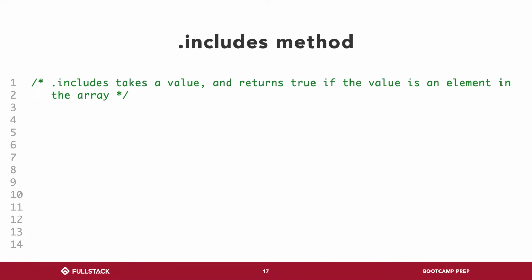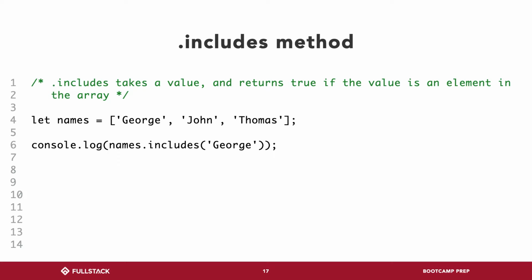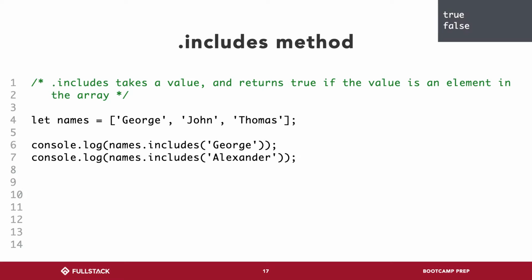So the dot includes method. Dot includes takes a value and returns true if the value is an element in the array. It literally works the same way as index of, but instead of returning indexes or -1 if it's not there, it returns true if it is there. If you don't need the index, you just want to know if it's there, it returns true, and if it's not, it returns false. So names dot includes George, names dot includes Alexander.